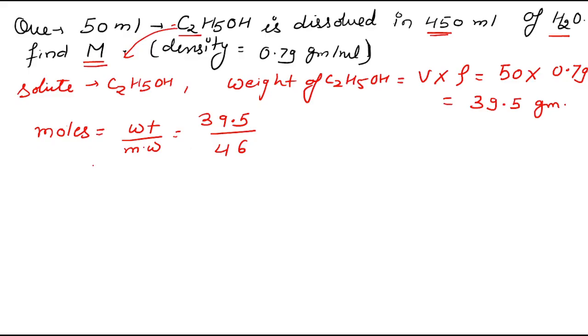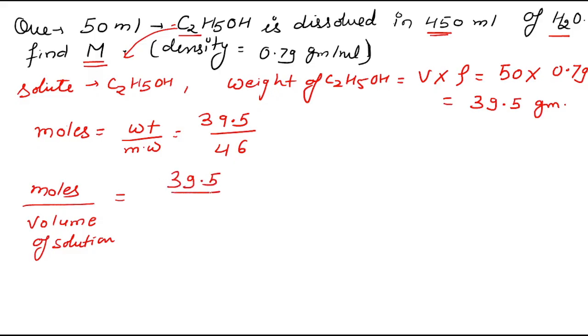Now what will happen after this? The formula for molarity is moles upon volume of solution. Here, just keep in your mind, the volume is of solution, and the moles is for solute. Now 39.5 upon 46, volume of solution.